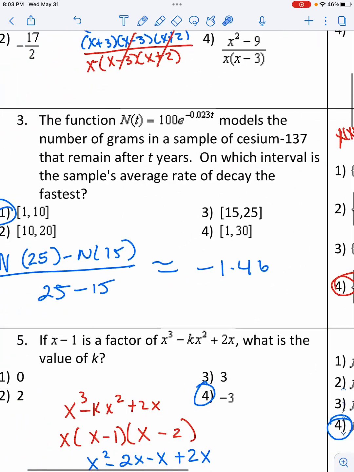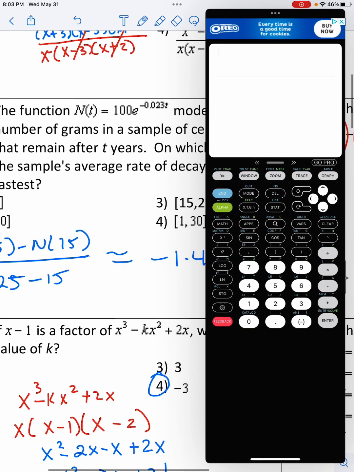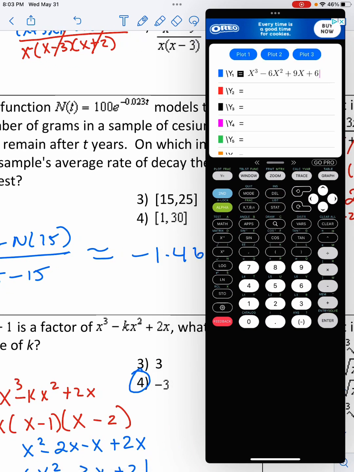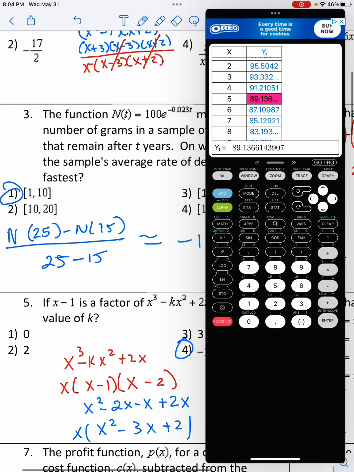Okay, next one. So we can use our calculator for this, and we can put our function in the calculator. Okay, go to second graph, and it wants to know the average rate of change, which one was the fastest.